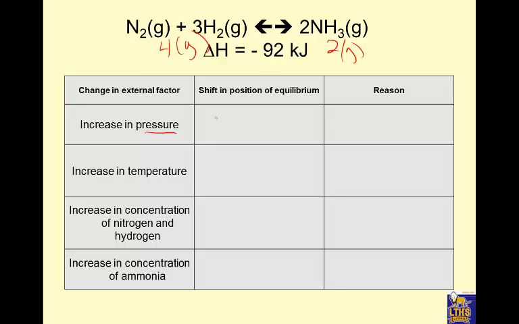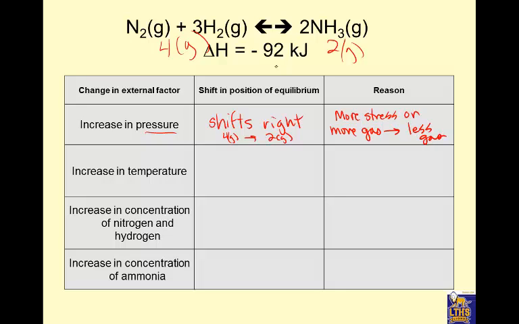This side gets more stress, so it shifts away from the stress, from the 4 gas to the 2 gas. The reason is more stress on more gas, so it shifts towards less gas.